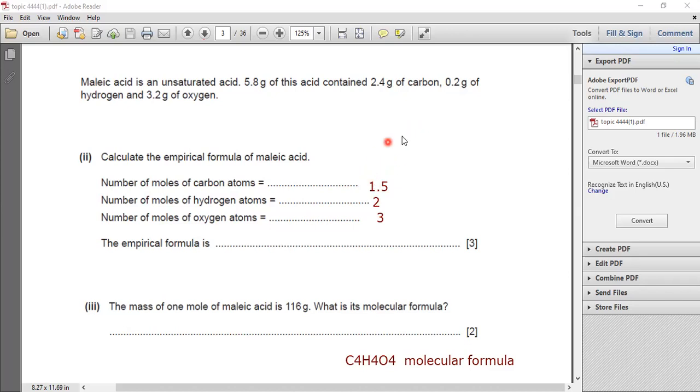How? Let's try multiplying by 2. If you multiply this by 2, it will be 3. Oh, whole number, alhamdulillah. So here you have to multiply by 2 as well. It will be 4. Here you have to multiply by 2 as well. It will be 6. So the empirical formula will be C3H4O6.